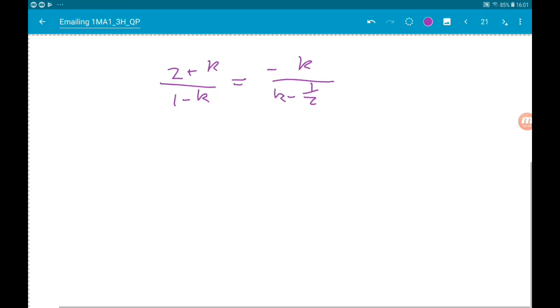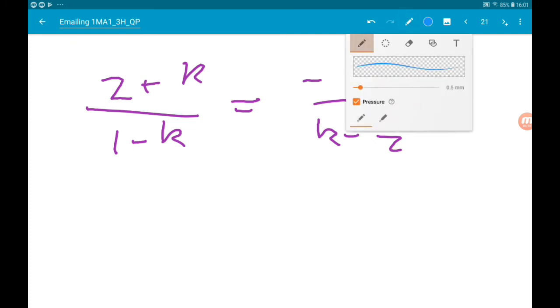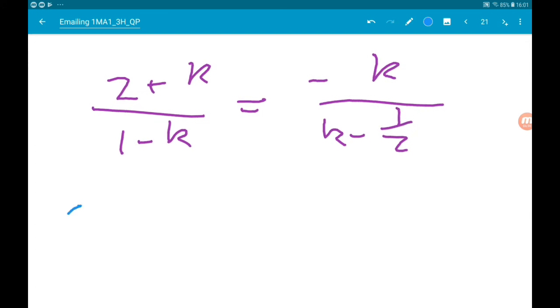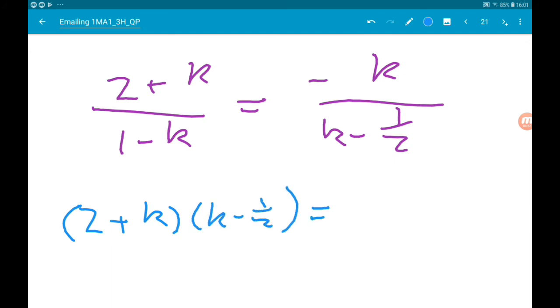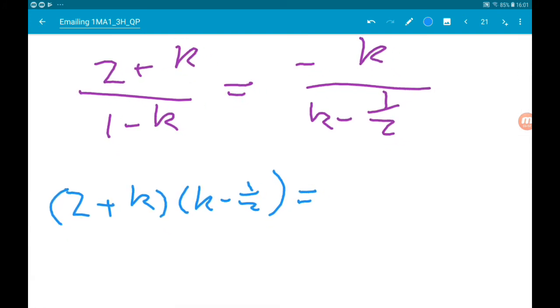Okay, so what we're going to do then is multiply through by the bottom of each fraction. So on the left, we're going to get 2 add k times k minus a half, and that is equal to minus k times 1 minus k.